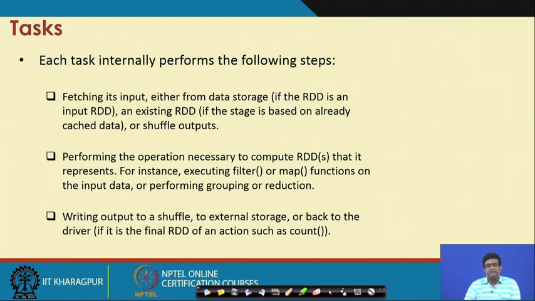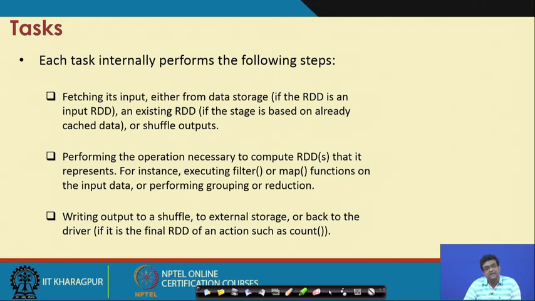Then it performs the operations necessary to compute a particular partition of that RDD. Typically, tasks are used for computing partitions of an RDD. For instance, executing filter or map operations on the input data, or performing a group operation using a shuffle if necessary. Then it writes the output of a shuffle to an external storage.